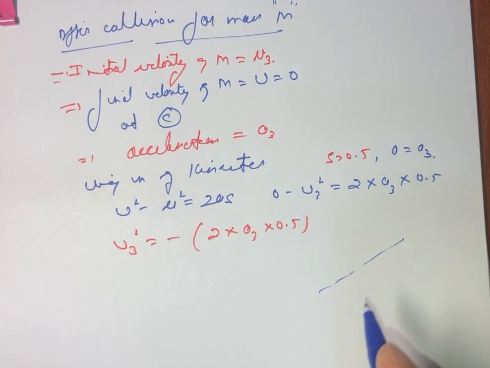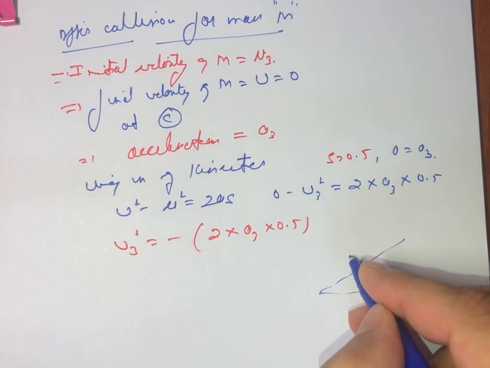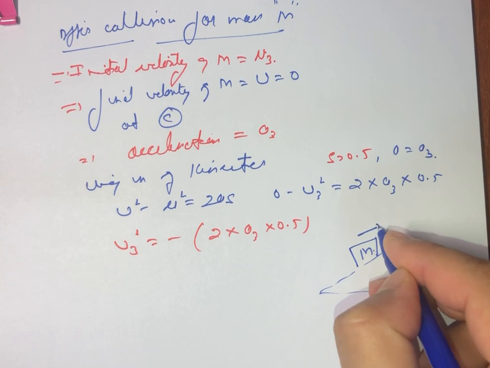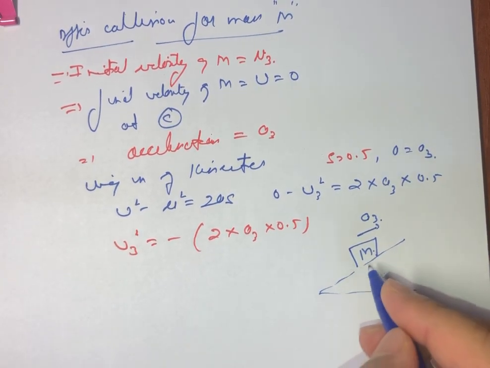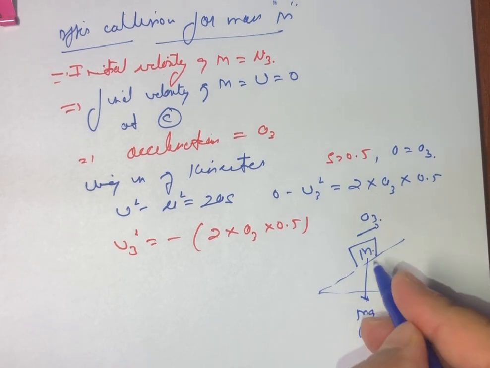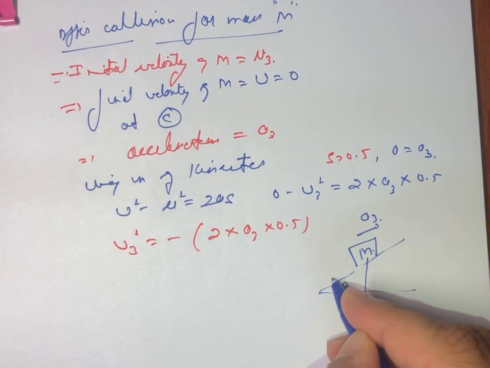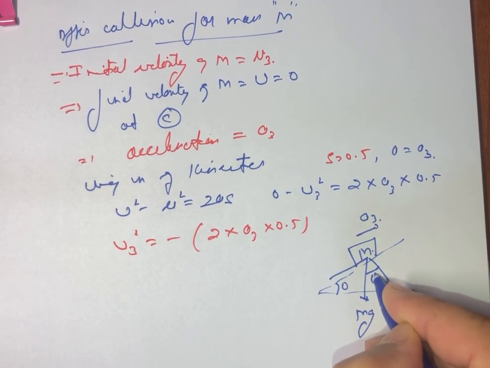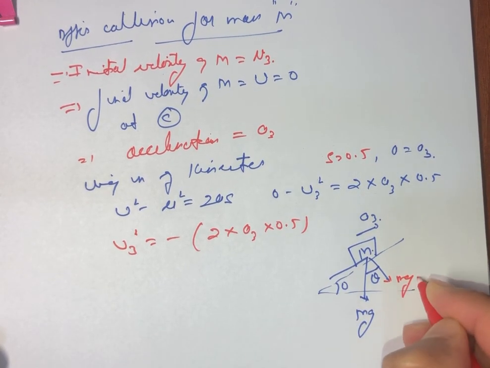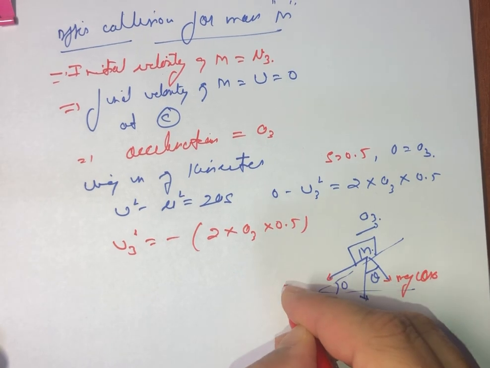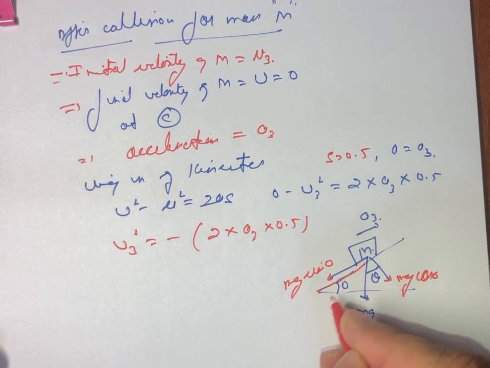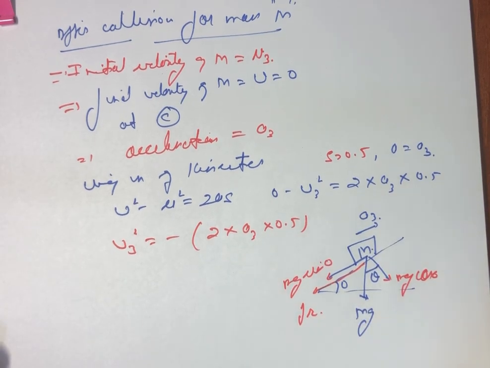So this is our mass capital M moving upward with the acceleration of A3, and we are going to have mg in the downward direction. This angle is theta, this will be theta. So we are going to have mg cos of theta, and this will be mg sine of theta, and we are going to have friction Fr once again in the downward direction.